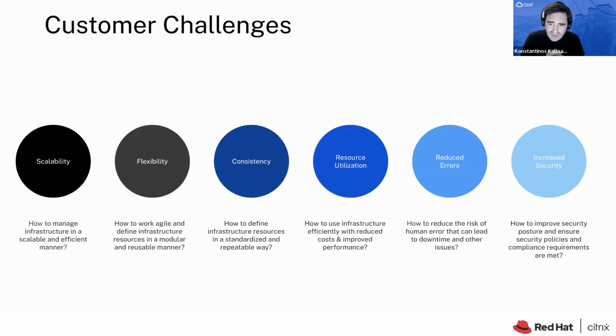Manually configuring the appliances obviously leads to human error, and we need to find a way to reduce that. And as I mentioned, it is a frequent request how someone can improve their security posture and comply with the different security and compliance requirements and policies.